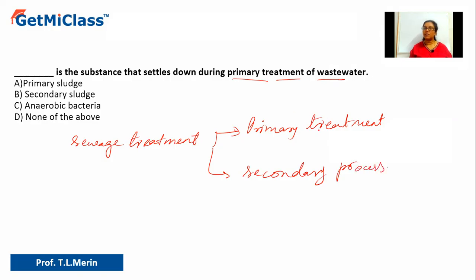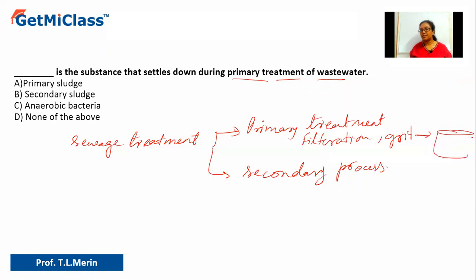Now, during primary treatment, there is removal of all the solid particles by filtration. Then further, all the grit, that is pebbles, etc., will get sedimented. That is the first sedimentation. Then further, this effluent will be sent to a further sedimentation tank.